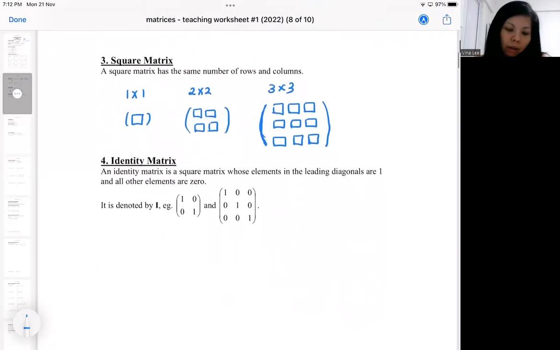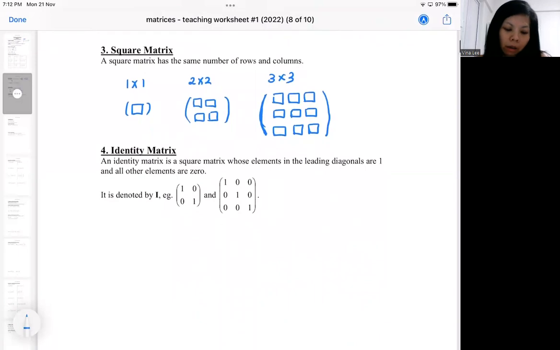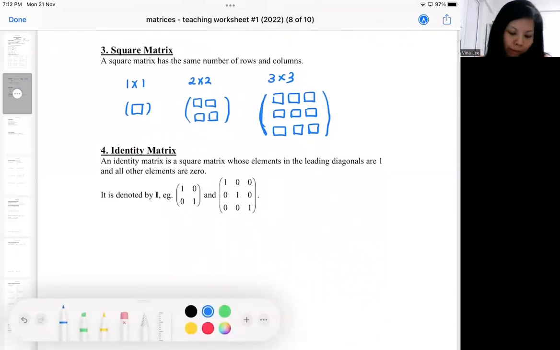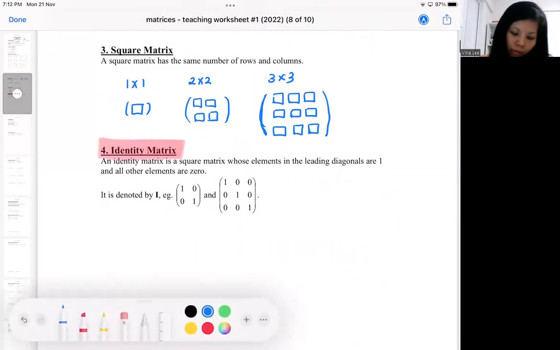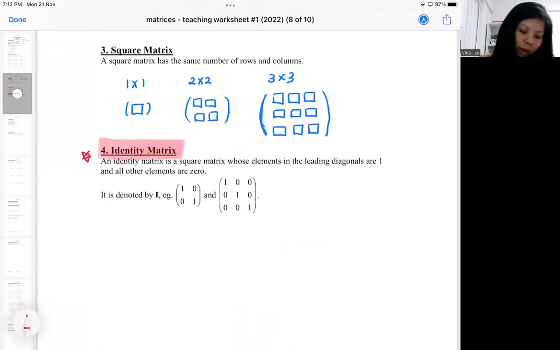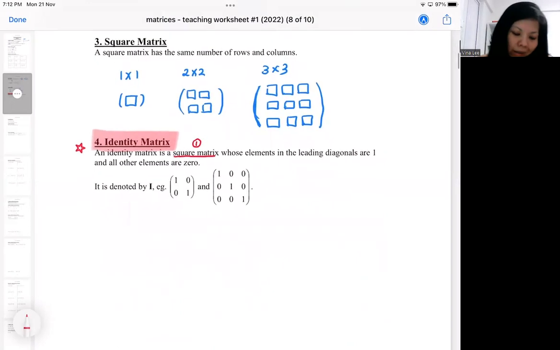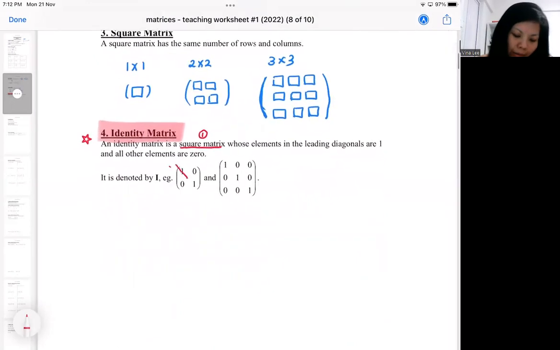One of the things that will be easily forgotten is the identity matrix. The identity matrix is quite important. It has a special function, and it is a square matrix. This is one of the first conditions. Then the elements in the leading diagonal. The leading diagonal is the diagonal going in the right direction.